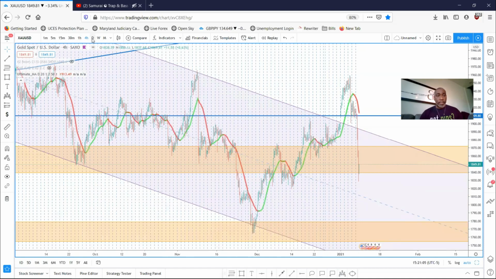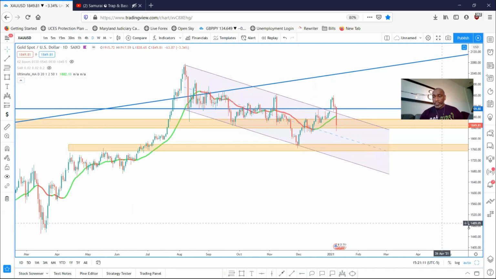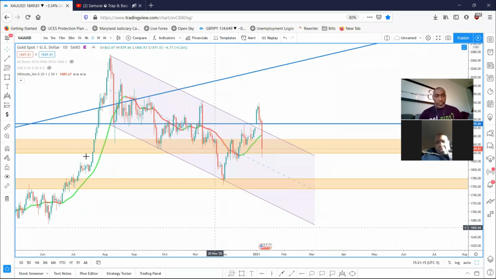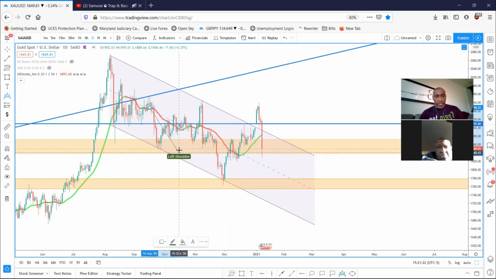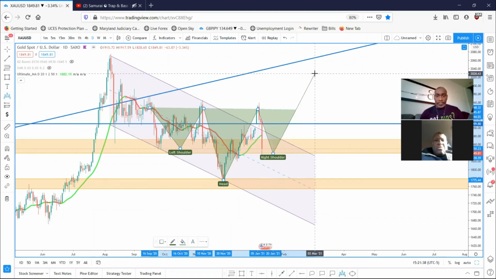Actually, let me do it on a daily. That may be better. Okay, yeah, that's a little bit better. Can you guys see the head and shoulder pattern? This being your left shoulder, right here. This being your head. We were just waiting for that right shoulder to form before it goes back up.